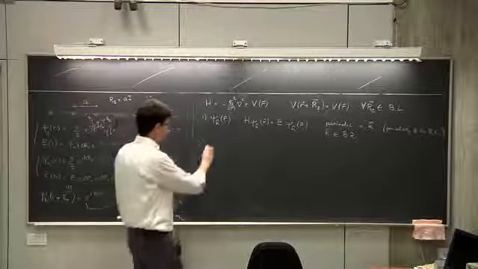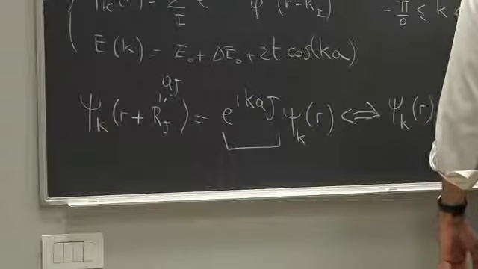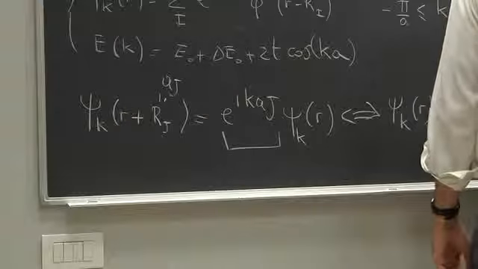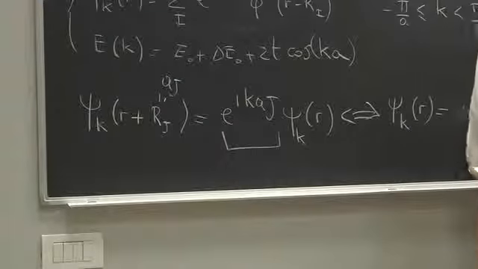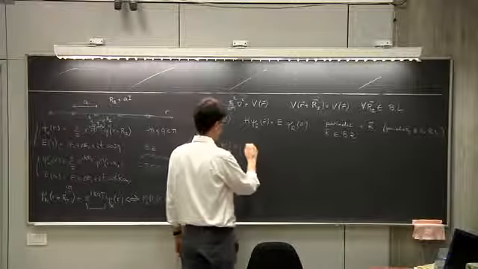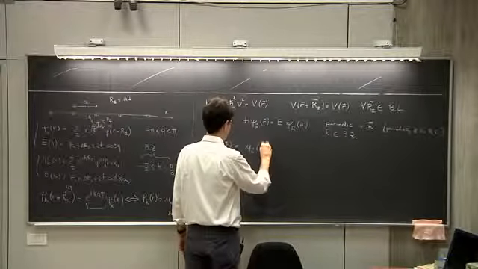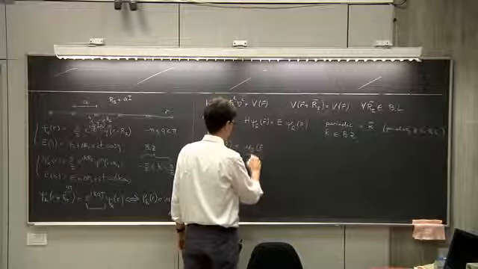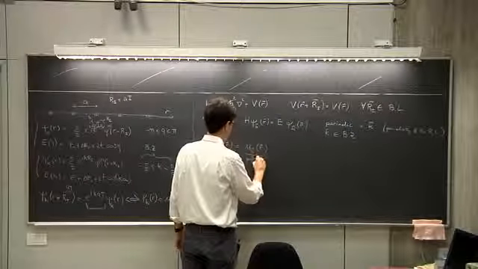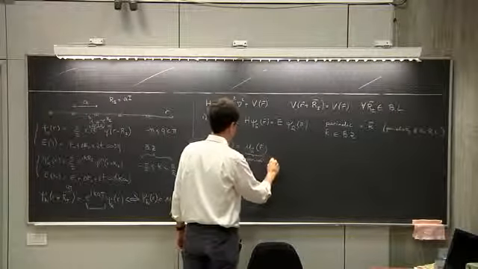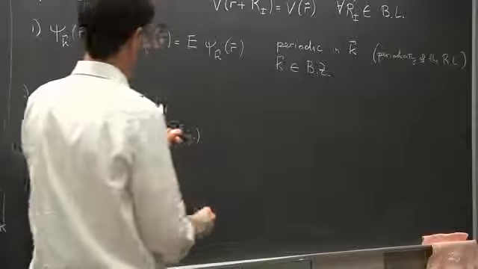Namely, psi of k can be written as u_k of r, where this is a periodic function. Periodic, it's a function of r, right?